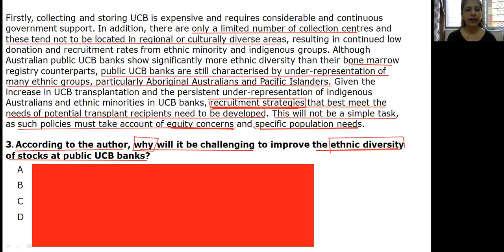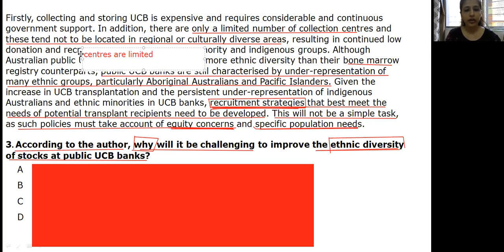Okay. So if we look at the summary of this paragraph, the writer mainly says the centers are limited. There is one problem. Another problem is centers are very limited in remote, or I would say culturally diverse areas.